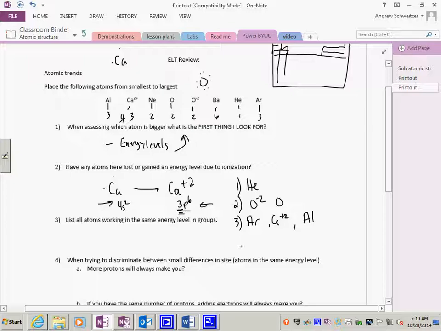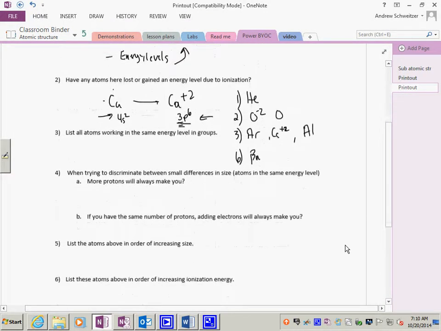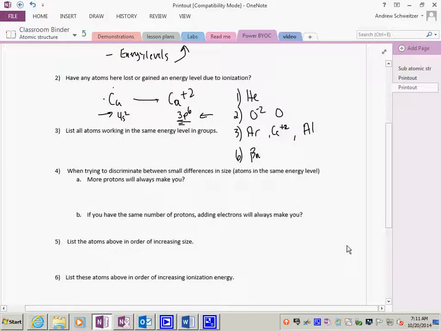Fourth energy level, nothing in the fourth or fifth, but we do have this big one in the sixth energy level, which is barium.